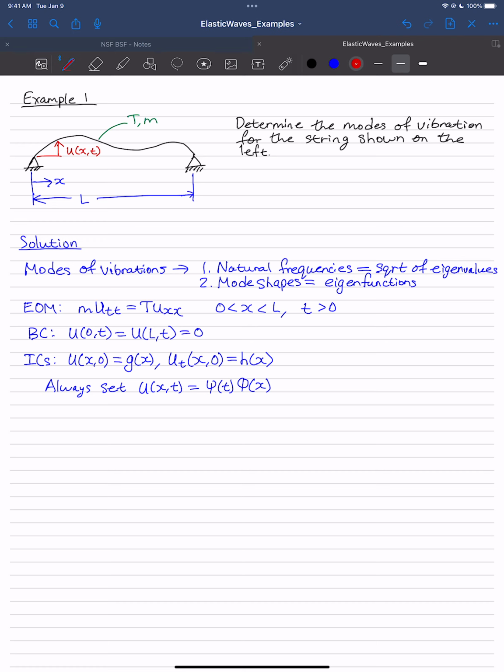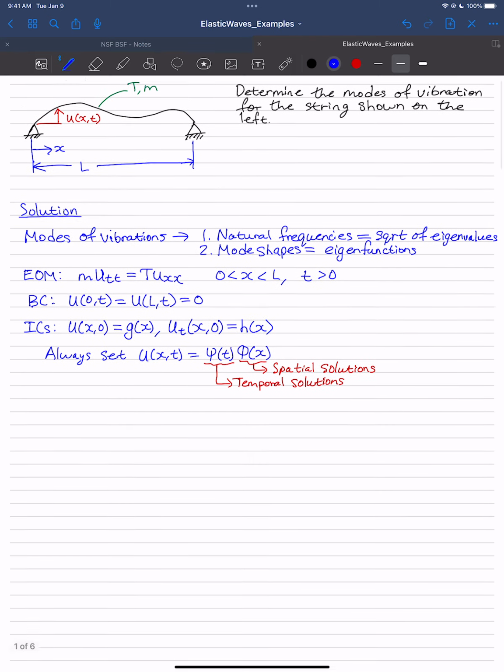Like I said, psi of t is for time, and phi of x is what governs the spatial solutions. Actually, let's change that to temporal solutions. We want to use the right language when discussing these problems.